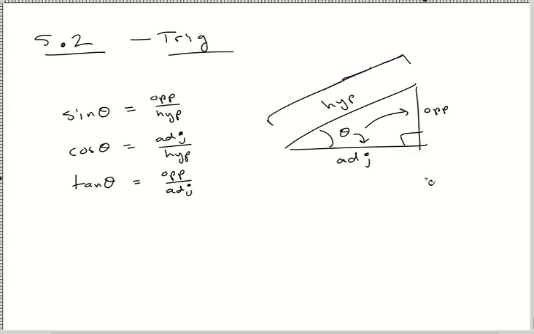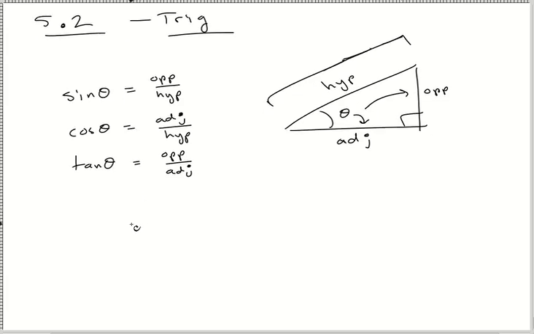So these ratios are from a particular angle. What we're going to do is look at triangles and make the sine, cosine, and tangent for them, most of the time without having to know the angle. So we're just doing ratios, basically.